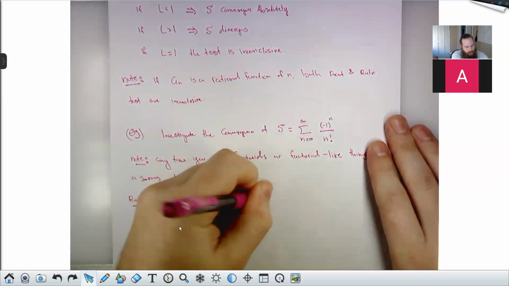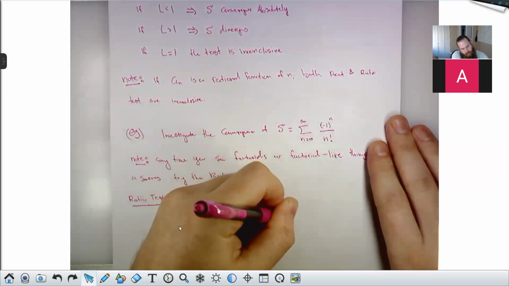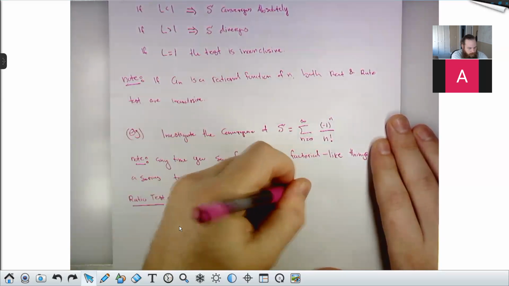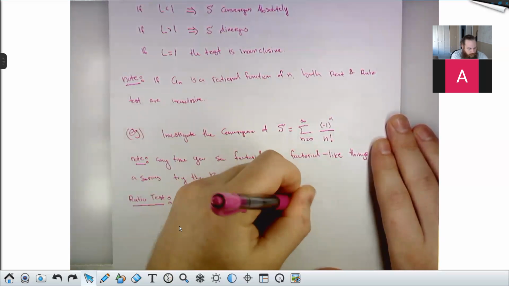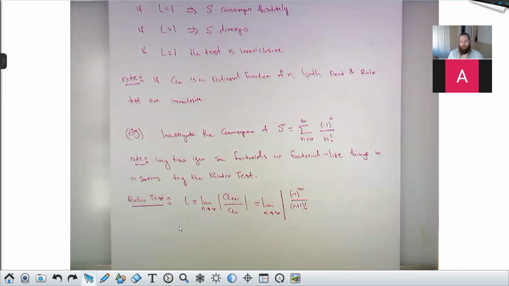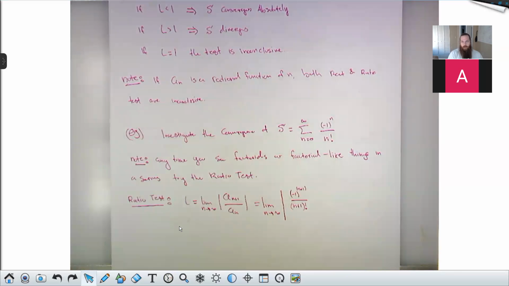In this case, that is the limit as n goes to infinity of the absolute value of (-1)^(n+1) over (n+1) factorial. That's a_(n+1). You take a_n, and everywhere there's an n, you replace it by n+1, and you should do so in parentheses. A very common mistake is to not use parentheses when writing down a_(n+1).